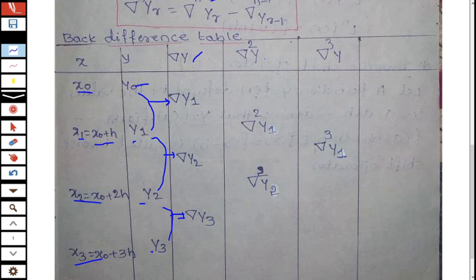And from these, the second backward difference, del square y: the difference of del of y2 and del of y1 is del square of y1, and del of y3 minus del of y2 is del square of y2. This is the third backward difference, del cube y: del square of y2 minus del square of y1 is del cube y1. So in this way we can find the differences using the backward difference table.